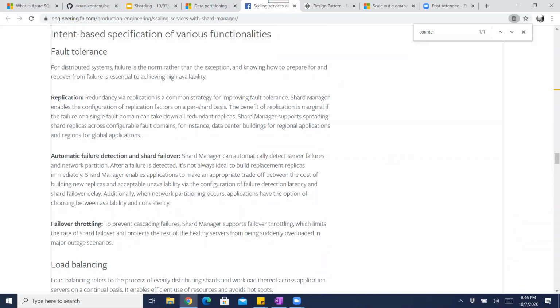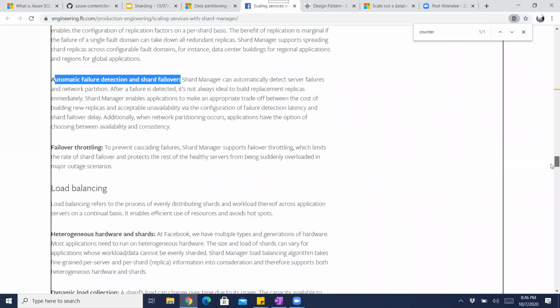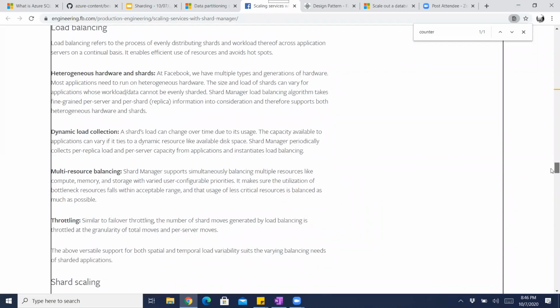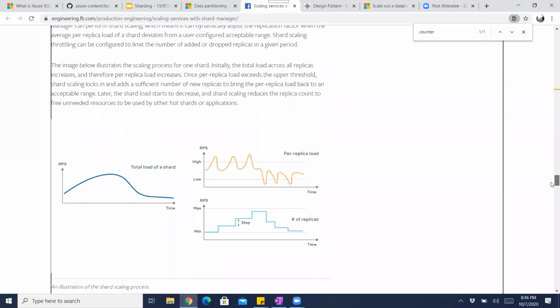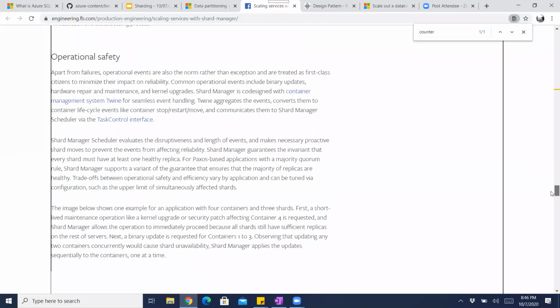You can specify what the replication requirements are for your application, and how robust you want the failure detection to be. There are different options that they provide, and each application can go ahead and specify what their requirements are. Each of them, like shard scaling, is talking about that concept.